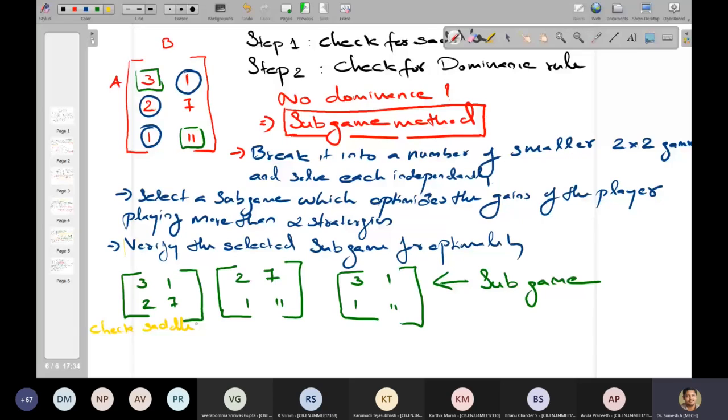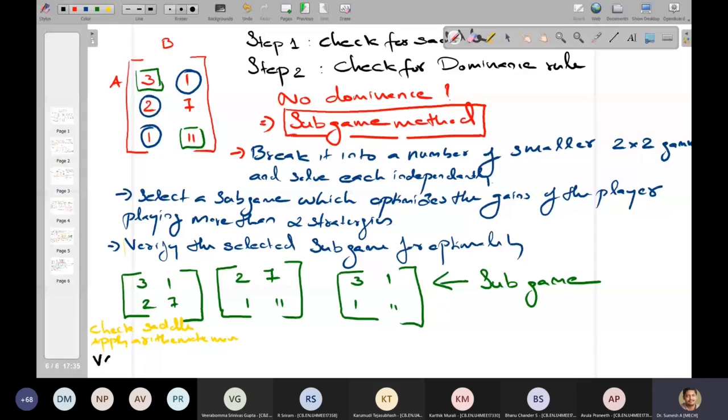So what is the value for the first subgame? I am not solving it, you can try. The value for the first subgame will be 2.71.